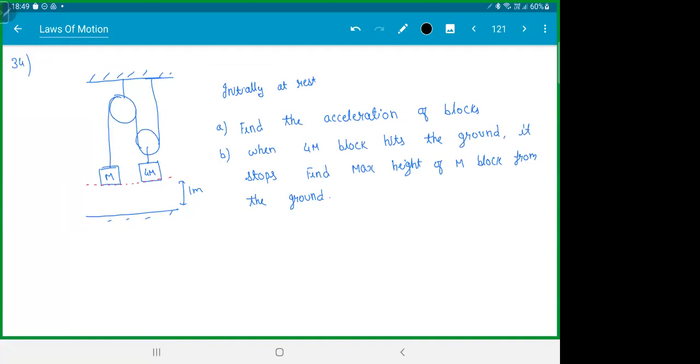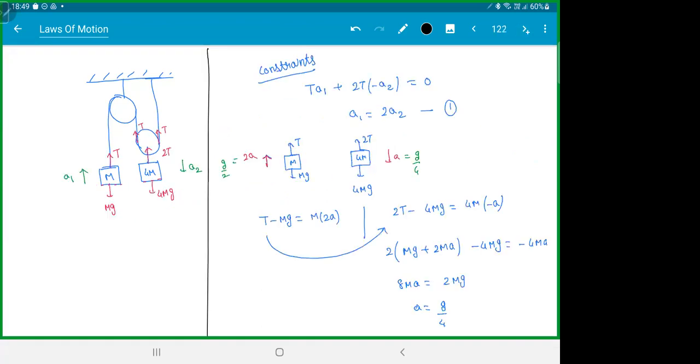I hope everyone got the acceleration part: free body diagram, constraint equation, equations, and solve. Can I turn the page? Questions are clear? No, Aditya, that is wrong. Think for a minute, then I'll give you a hint.